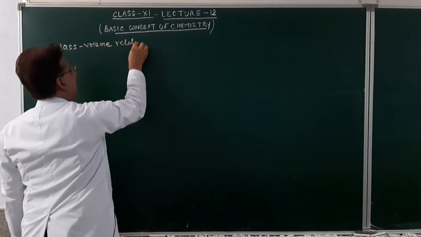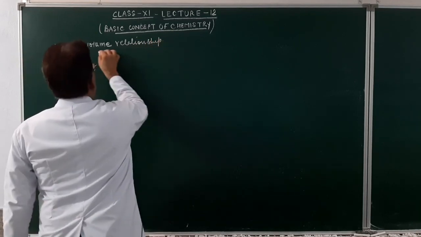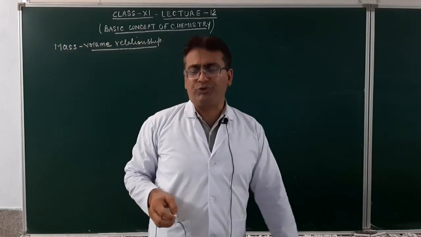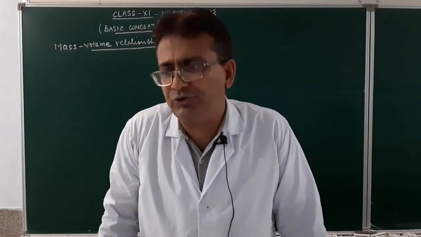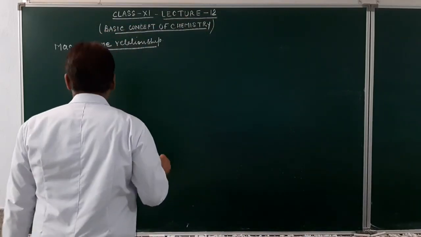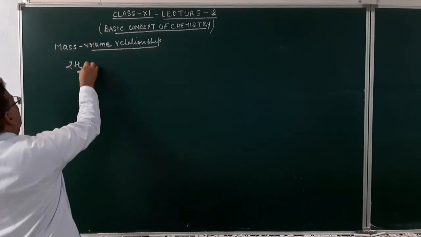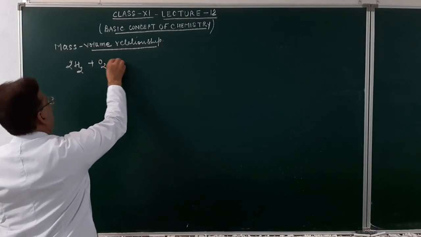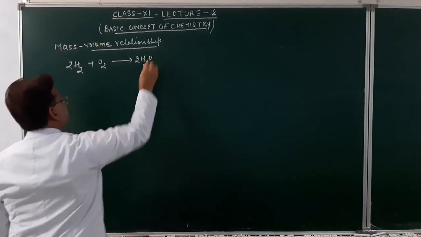Here again, when I say mass volume relationship, from the mass of one, the volume of the other is to be obtained, or from the volume of one, the mass of the other is to be obtained. As for example, if I again take this example, hydrogen reacts with oxygen to form two molecules of water.